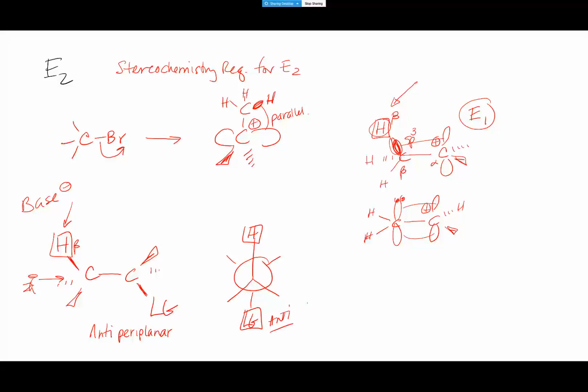The periplanar just means in the same plane. And I actually think that's out of vogue now. I don't know what the newer term is because it didn't make any sense to me, so I just keep using anti-periplanar. So that's what's required of the stereochemistry.